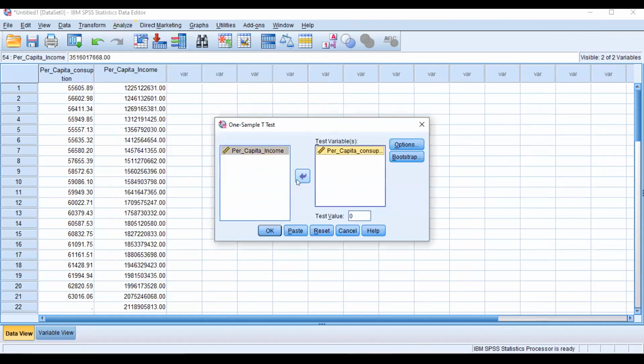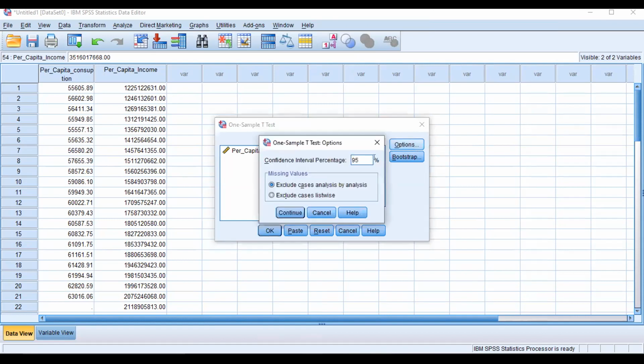Again, per capita consumption, we will just return this in that box, and now we will discuss the per capita income. I want to check whether my population's average income is equal to 15 crore, or more than or less than that.